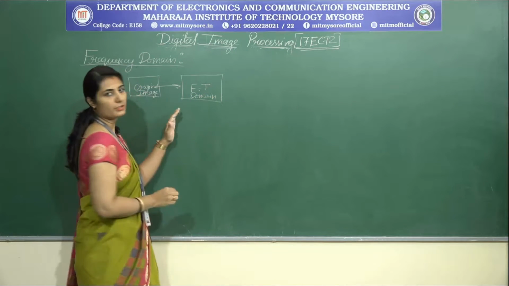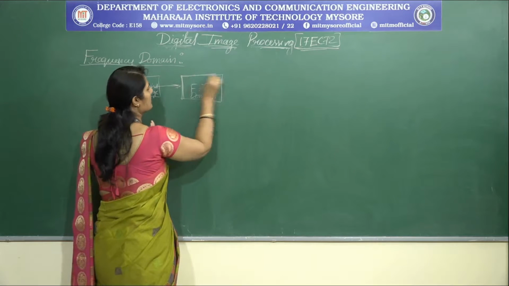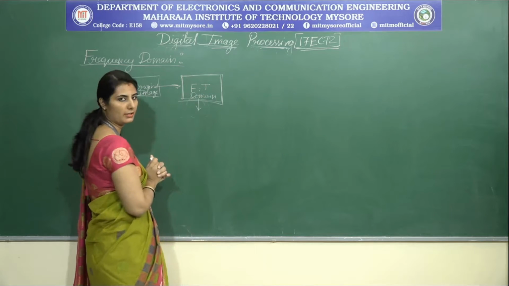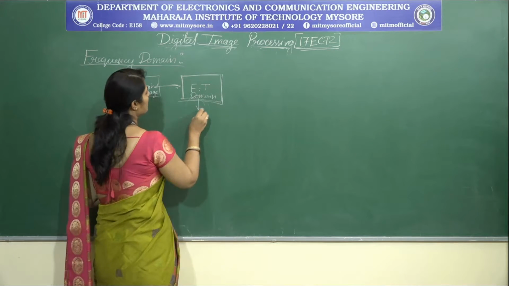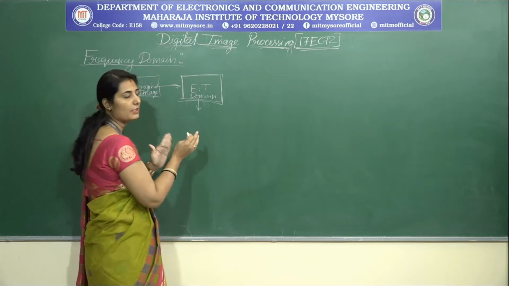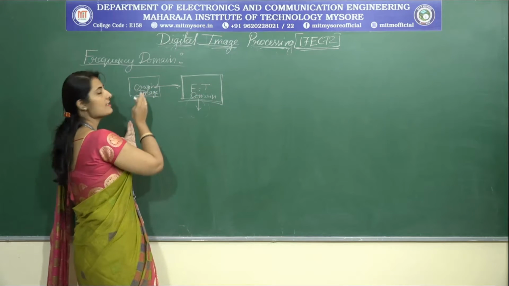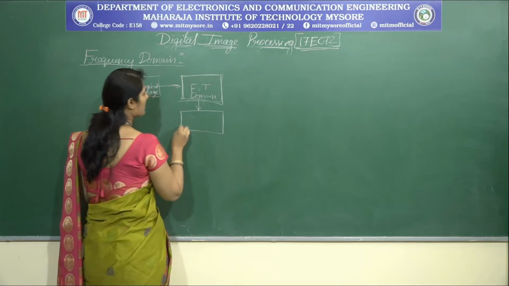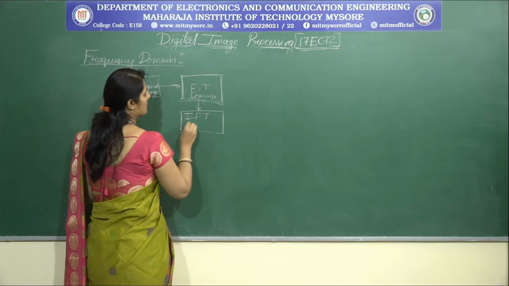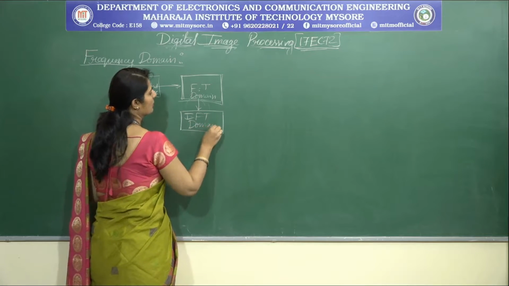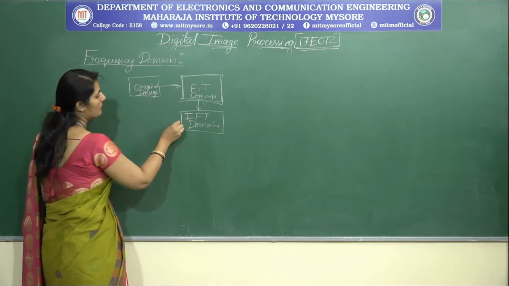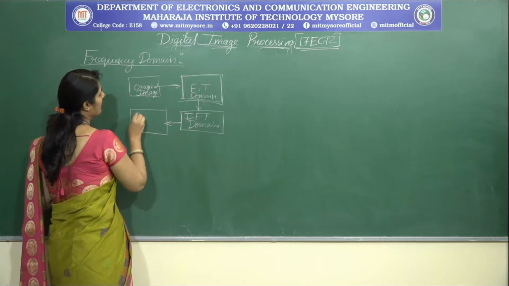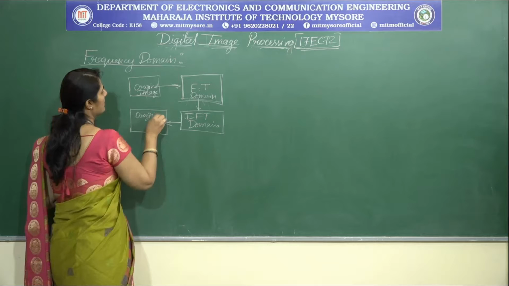Now we will process the image in this Fourier transform domain and perform some processing operations there. After performing these operations, we bring the results back into original form, and for that we have to perform the inverse Fourier transform.